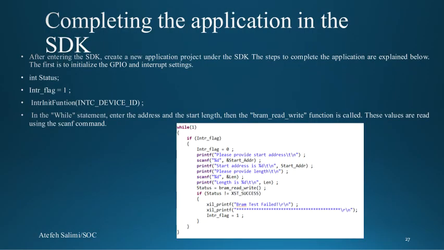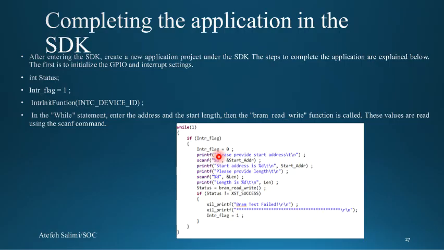In the next slides, I will explain the main.c code in brief. For example, we will have a while loop, and in that while loop we will check the interrupt flag with the if instruction. If it is 0, it means we are at the start of running the code.